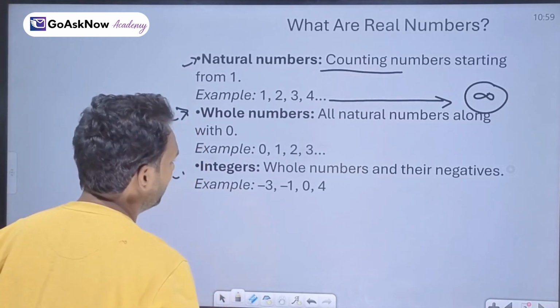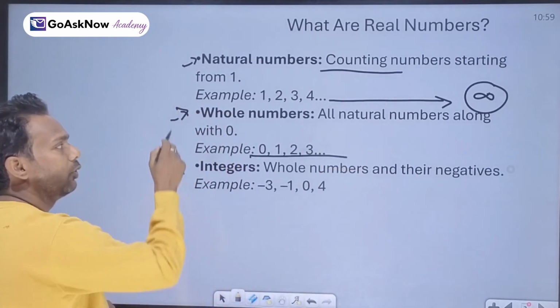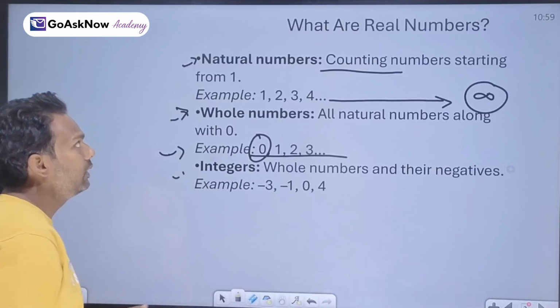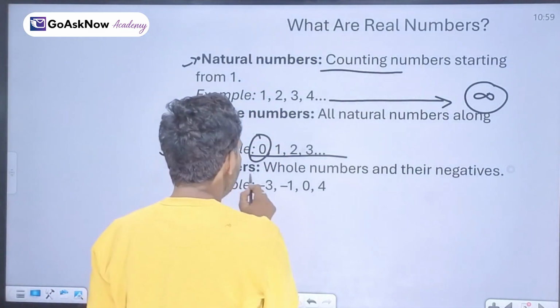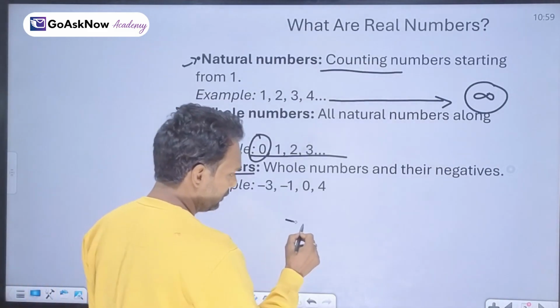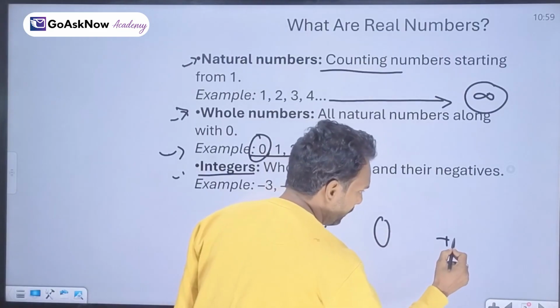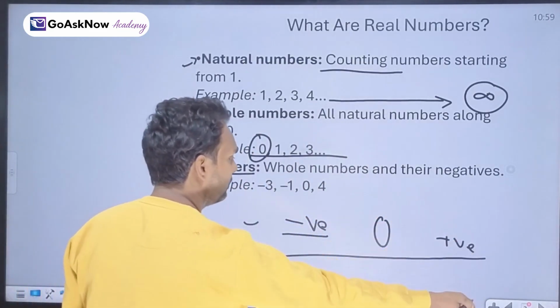Next is whole numbers. Whole numbers start from 0. The only difference between whole numbers and natural numbers is 0. Whole numbers have 0 and natural numbers do not have it. Next is integers. Integers are the group of negative numbers, 0 and positive numbers. So negative, 0 and positive.